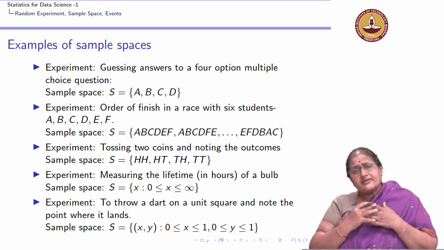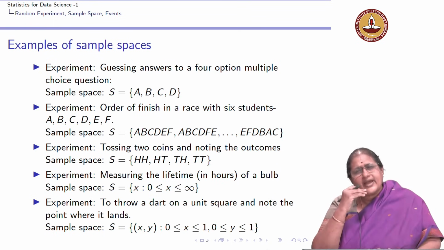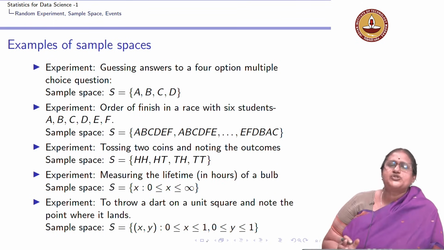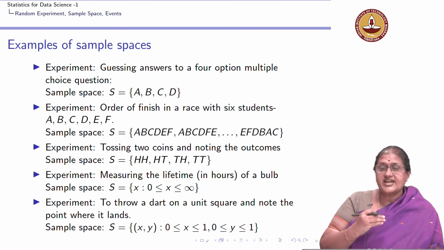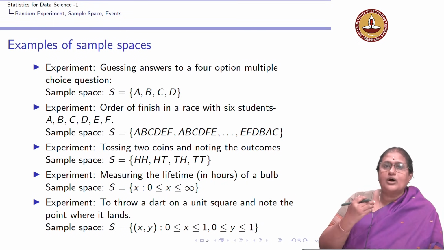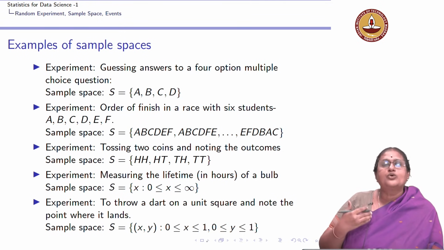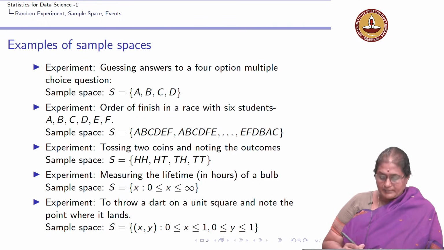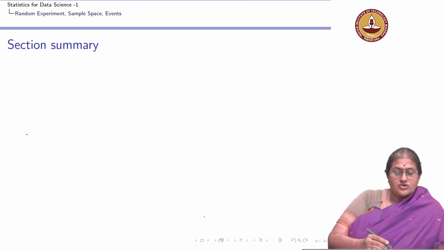So, if we encounter any situation with uncertainty, we need to understand what the experiment is, what we are observing, we need to know how to list down the sample space, and we need to know how to represent the sample space. So, what have we learned so far?